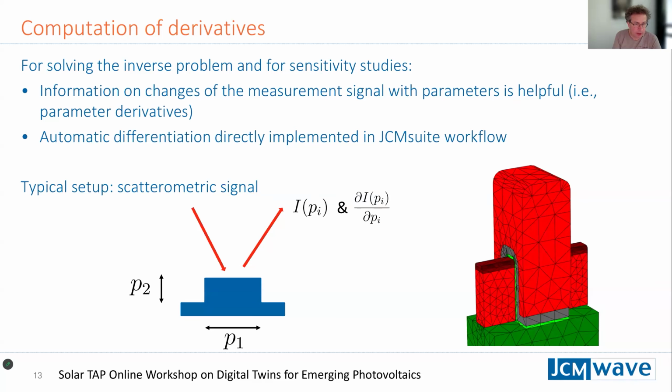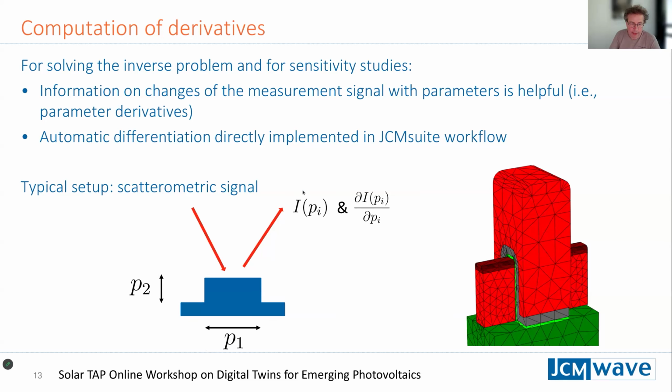As Carsten has mentioned also in his talk, often it's very useful to have parameter derivatives. So when we compute our light field in some device, we typically derive some quantities like the intensity. And then in the device, we might have some free parameters like the width and height of this line, for example.